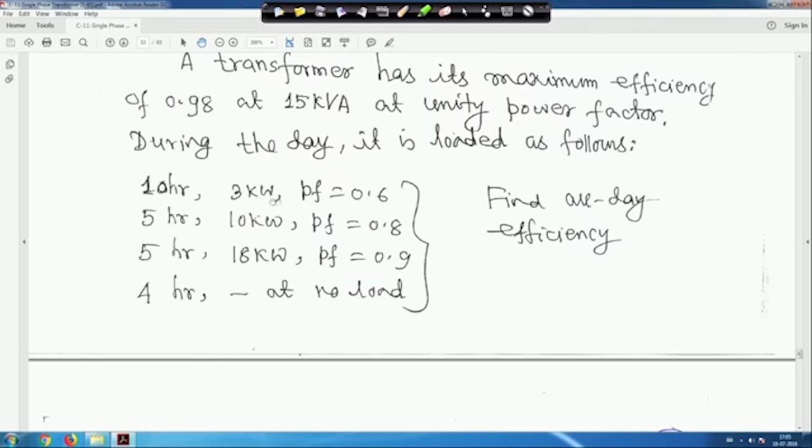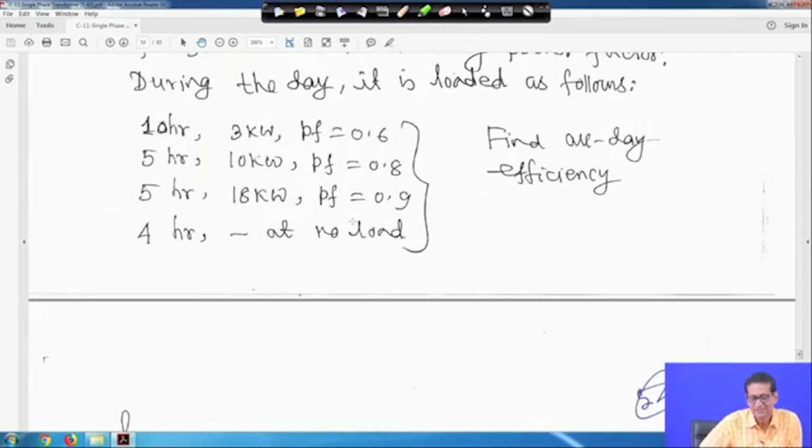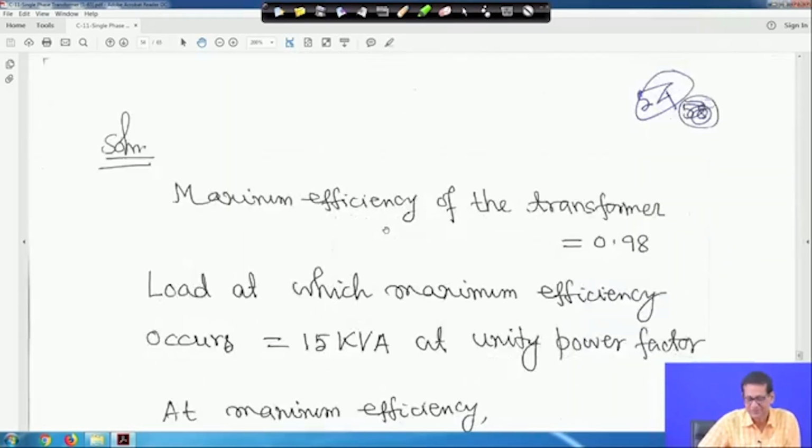But if it is a simple load, nothing is given, then 3 kilowatt into 10 means 30 kilowatt hour. We saw a little bit of this at the beginning, for the DC circuit analysis.